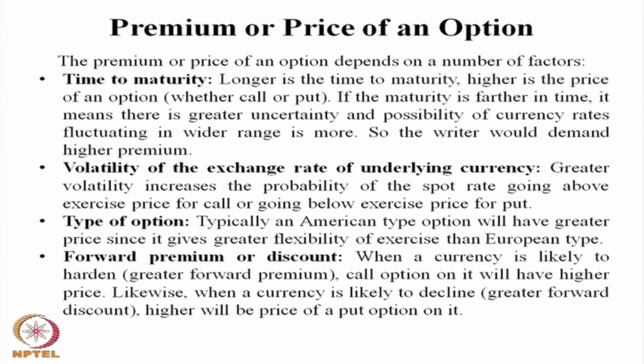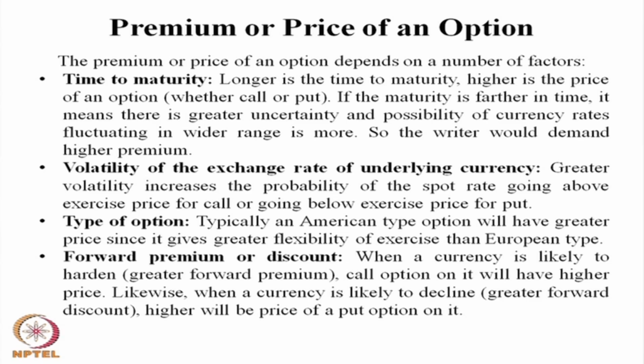When the currency is likely to harden, that is, at a forward premium, it is a premium currency and the call option on it has a higher price. Likewise, when the currency is likely to decline, a discount currency, the put option on it will be higher. So if the underlying asset is a currency that is appreciating, the call option will be higher priced. If it is a discount currency, the put option value will be high.